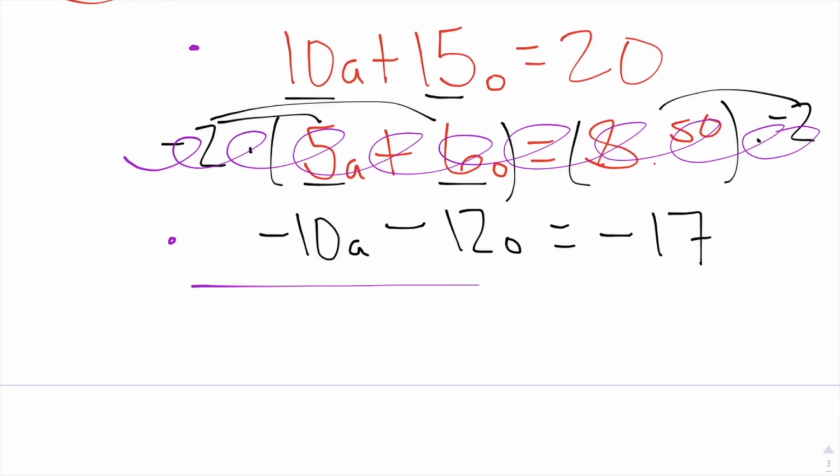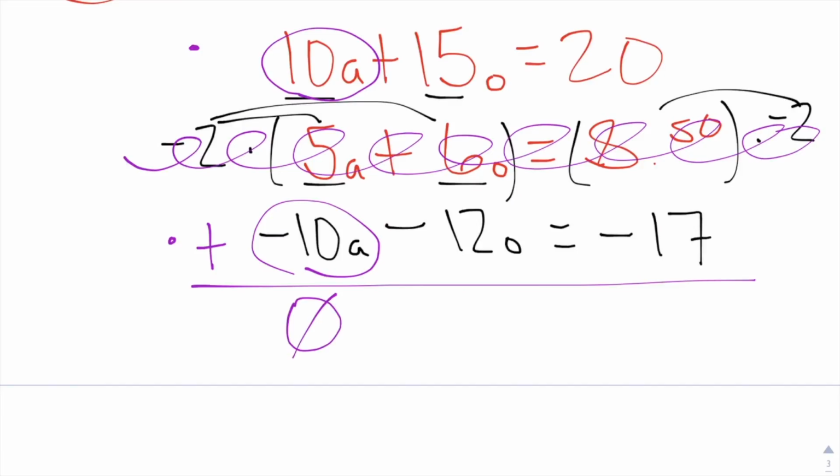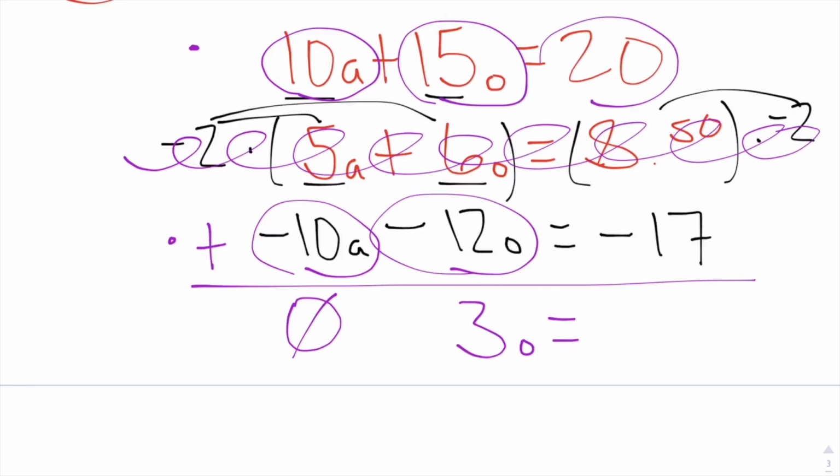Now if we add them up, just add across, or top to bottom, 10A plus negative 10A is 0. 15 oranges take away 12 oranges is 3 oranges equals 20 take away 17, which is 3.